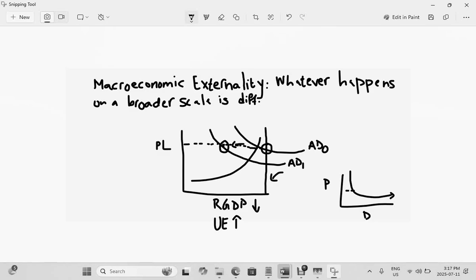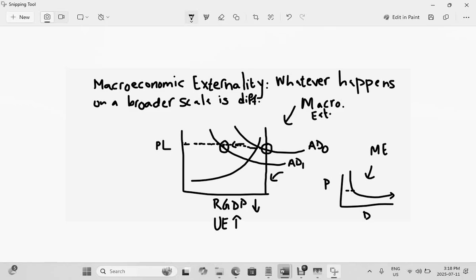You see that one firm is able to reduce its price level to bump its demand up. This is microeconomics, which we can call microeconomic externality, and the previous example is your macroeconomic externality, something on a national, broader, larger scale.